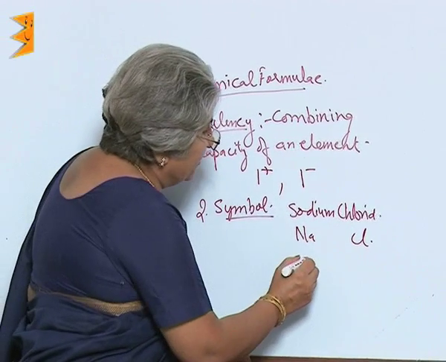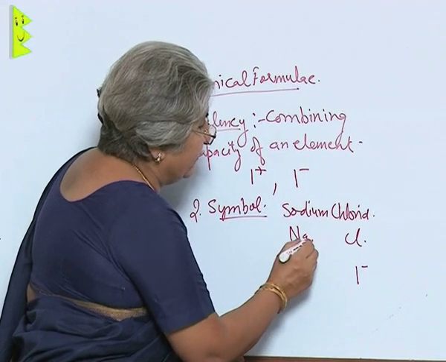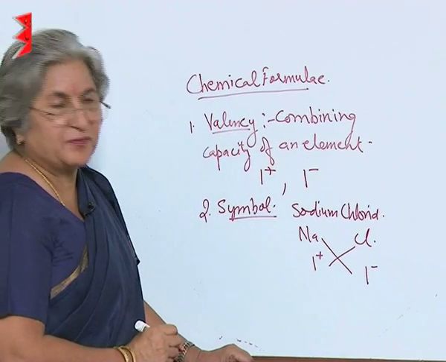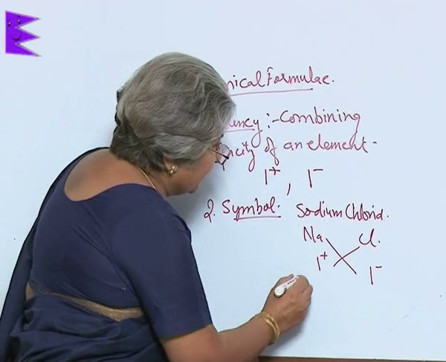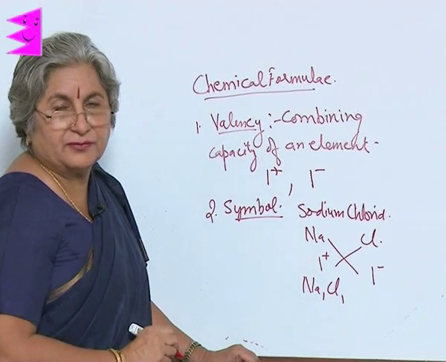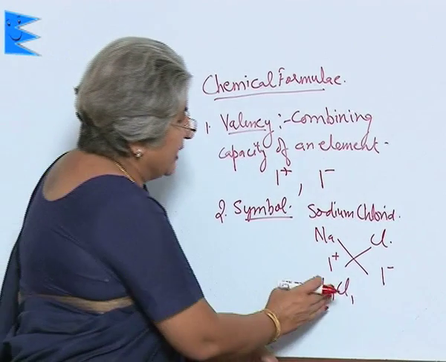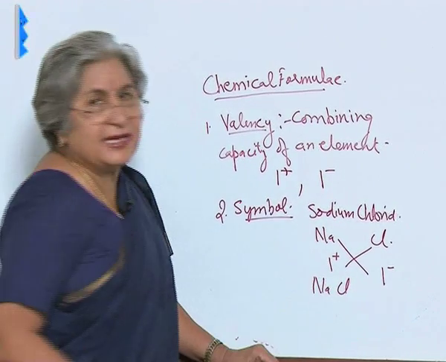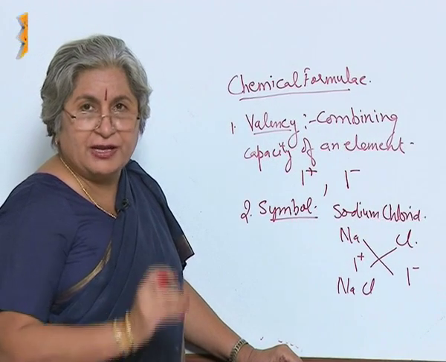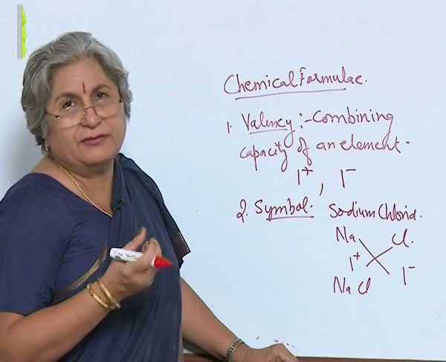Then write down their valency, this is 1 positive, this is 1 negative, and then crisscross. So, what we will get is Na1Cl1. But the method is, if it is 1, we do not write anything. When nothing is written, it means it is 1. And also if both are equal, even if it is 2, then we do not write anything.